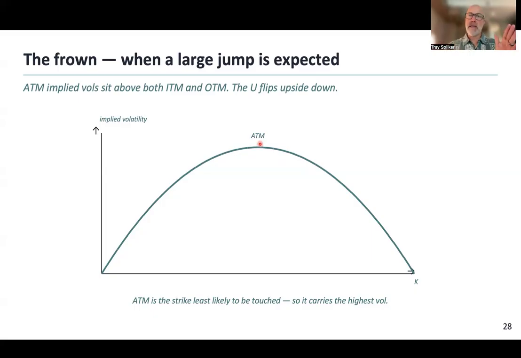And it says that the underlying asset price is unlikely to land near the current strike price, while essentially out of the money and in the money options at the two expected outcomes are relatively cheap. The underlying is likely to be near those different strike prices. So we call this the frown.